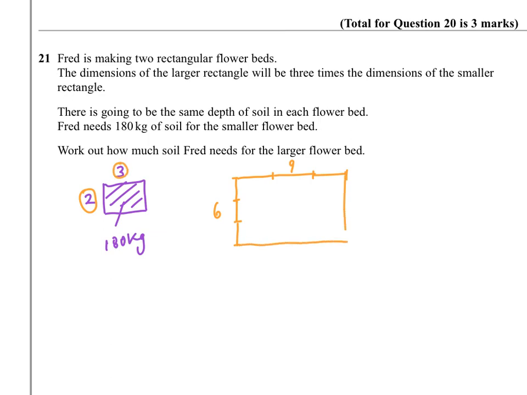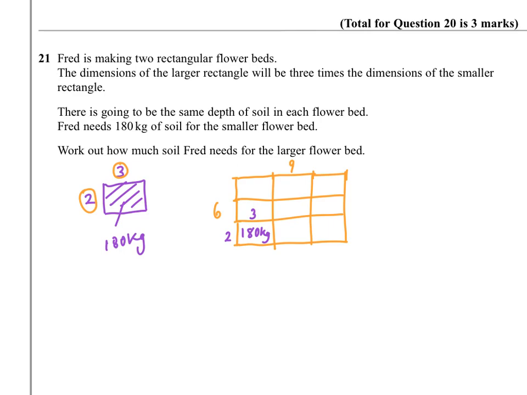So if you complete all of that, you'll see quite quickly that it was 180 kilograms of soil to do the 2 by 3, and the 2 and 3 I just made up, it could be x and y, and you can just multiply them up like that instead. Maybe that would have been a better idea.